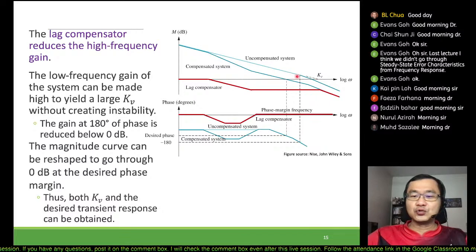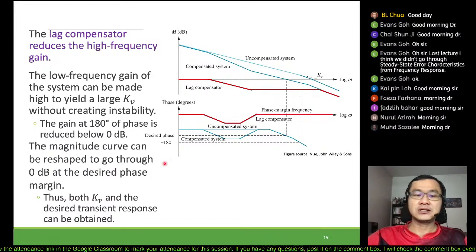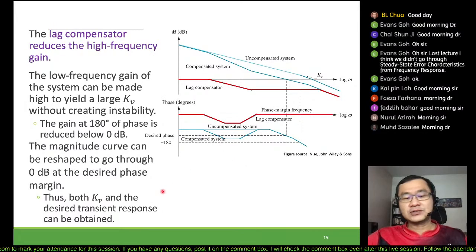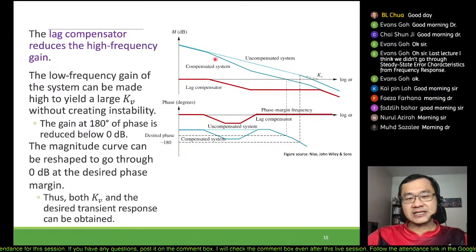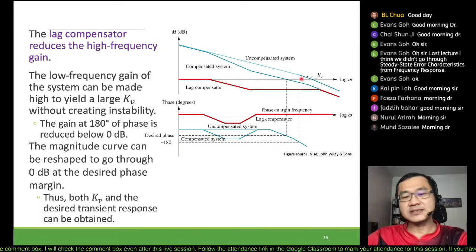So in order to adjust this, what we can do is reshape it through the 0 dB to the desired phase margin. You can see that this is uncompensated, and after we do the compensation, this line will drop to a lower line.